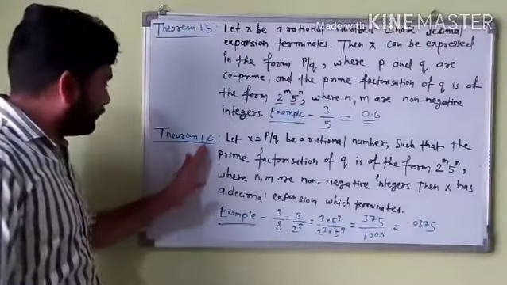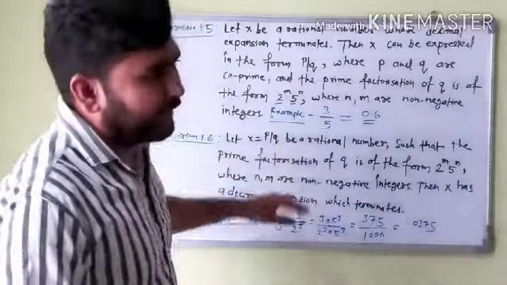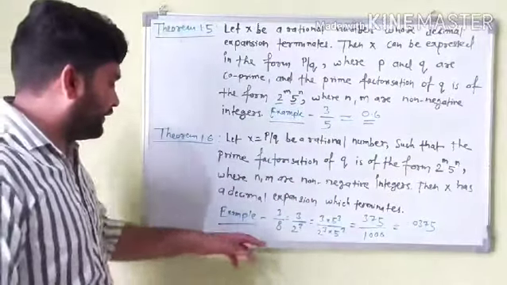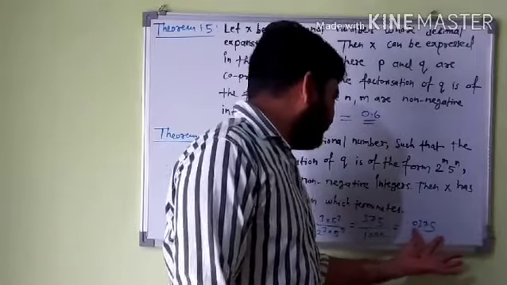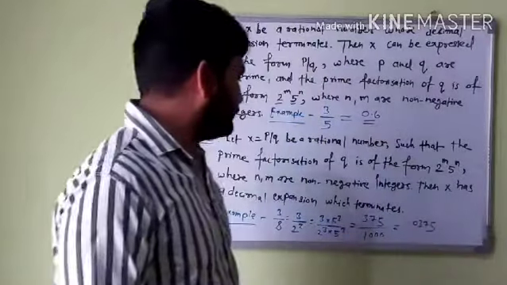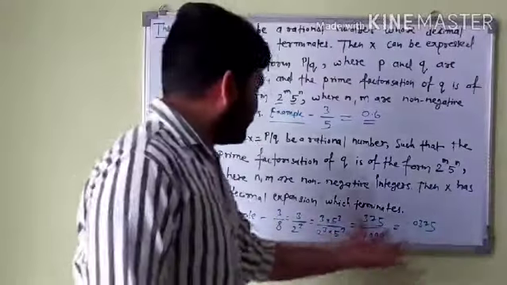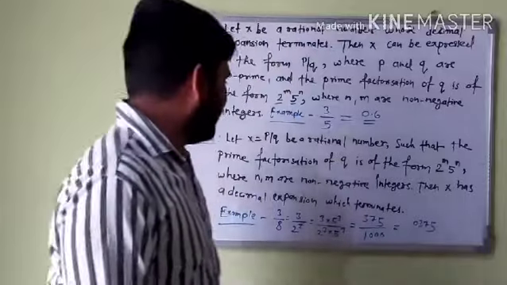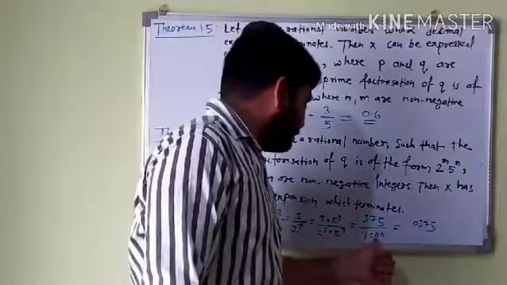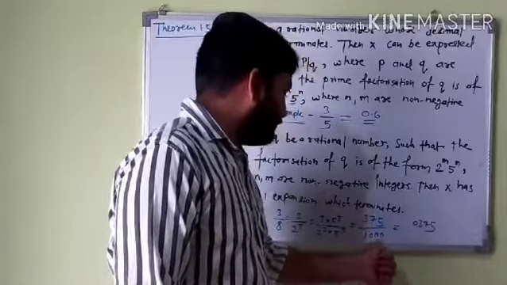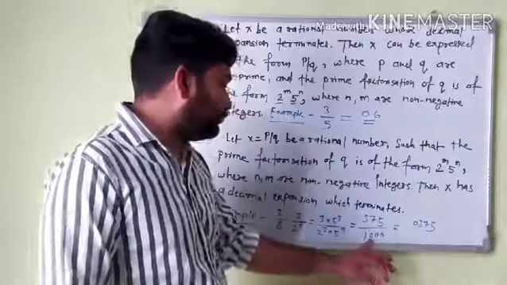The second one, theorem 1.6, says: let x equal p by q, any number. Let's take this number: 0.0375 is in the form of 375/10000. Such that the prime factorization of q, this one being 1000, is a multiplication of 5 into 10, that is 5 into 2.